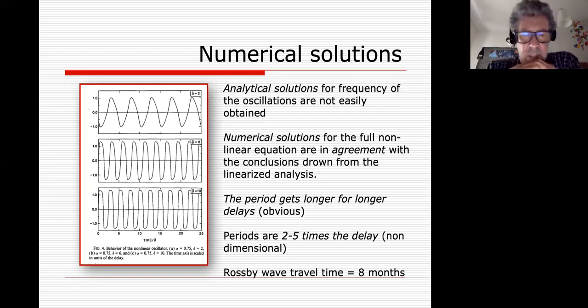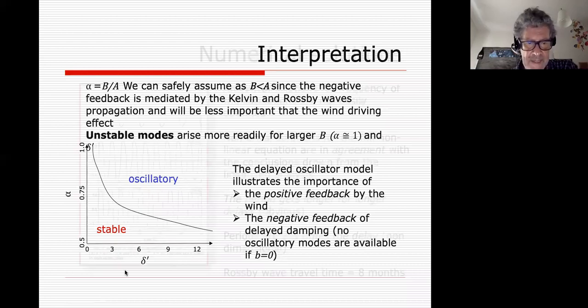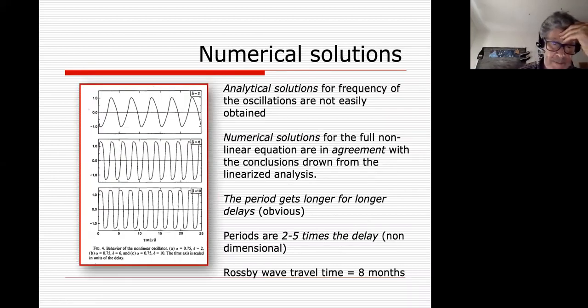And essentially, this analysis made by looking at numerical solutions is in agreement with the conclusions drawn from the linearized analysis. That's quite good. I always had some problem looking at this graph, and spent some time to understand it, but I didn't find any clearer graph than this one.